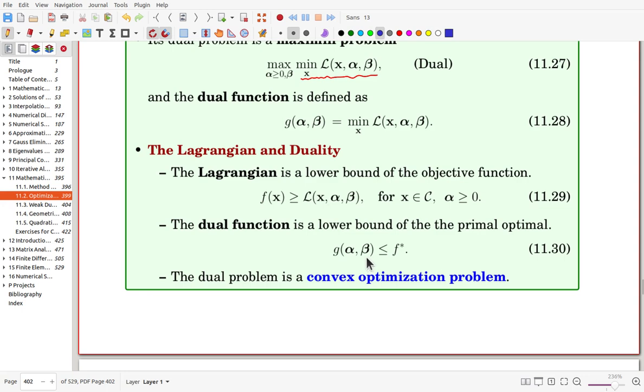Of course, maximizing over alpha and beta, you get g star, the optimum of the dual problem. This is a lower bound of the primal optimum. But the good news is that this dual problem is a convex optimization problem, which can be solved much more easily.